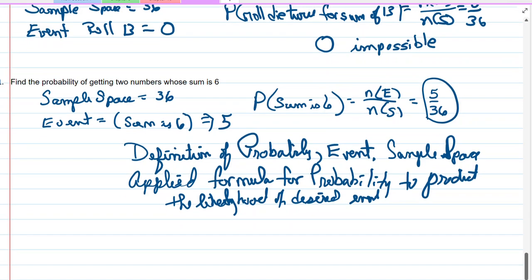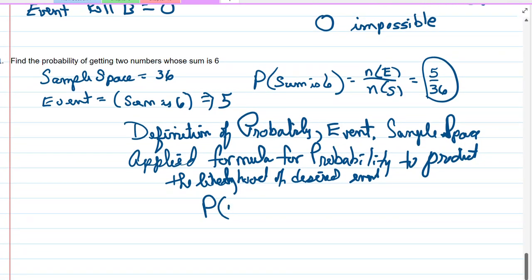Know that the probability of an event is structured by a cardinality, the count of the desired event, over the cardinality of the sample space.